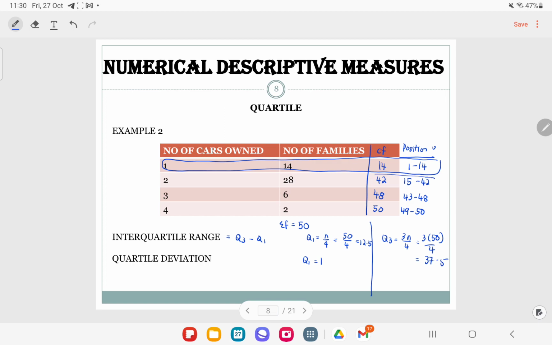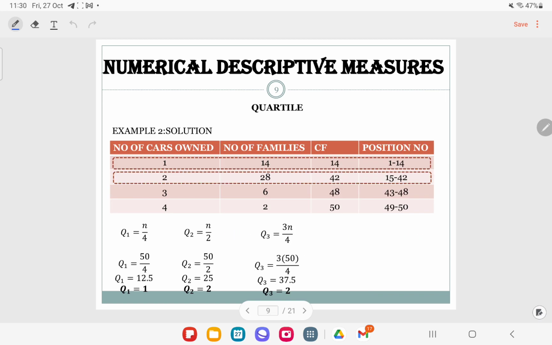So it falls into this value, so your third quartile will be 2. So the interquartile range will be 2 minus 1, so will be 1. So the quartile deviation is 1 over 2.